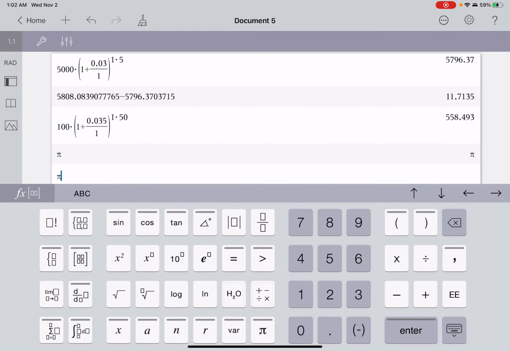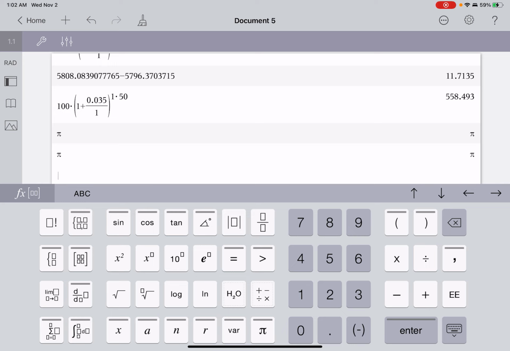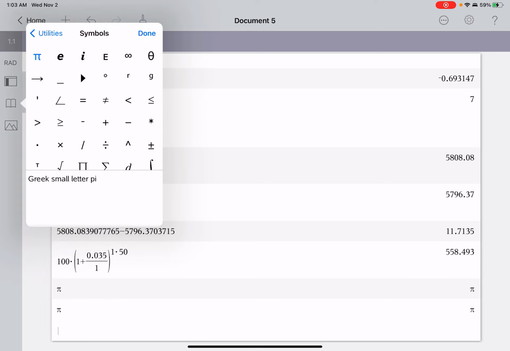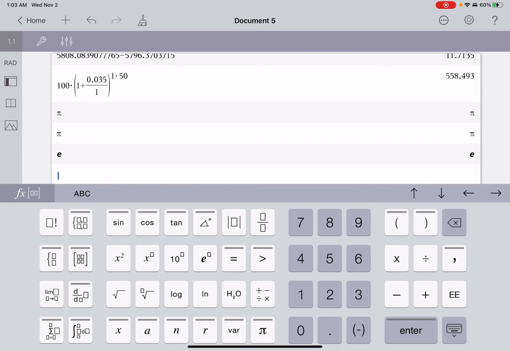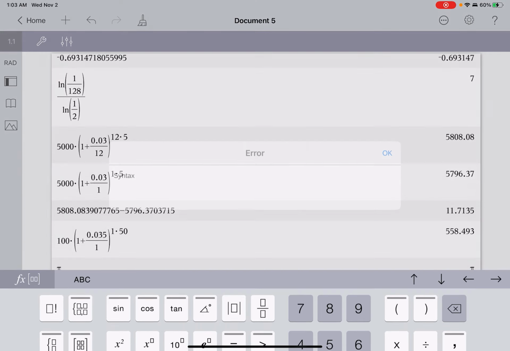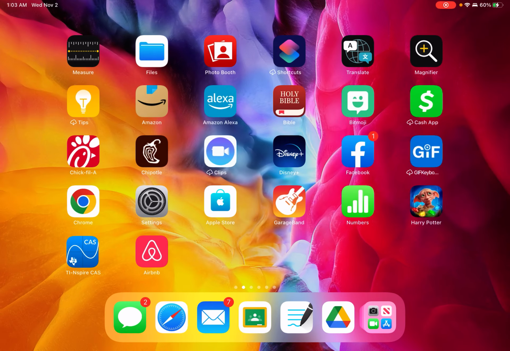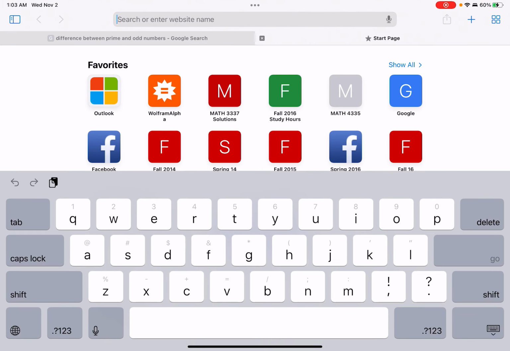Will they give it to me now? Okay, no. Well, pi is like 3.14. It's not wanting to give me the decimal for some reason. Now, if we put e, where did I get that again? Okay, so e is right here. So if I were to select the letter e and press enter, oh my gosh, it's not going to give it to me. How do I make it give it to me in a decimal? Okay, it's not going to give it to me. So let me just Google it and I can show you.